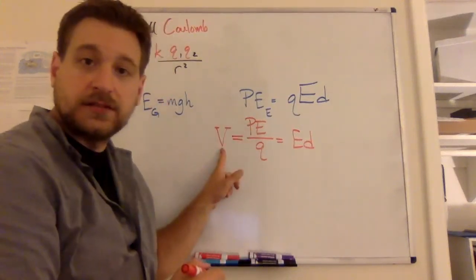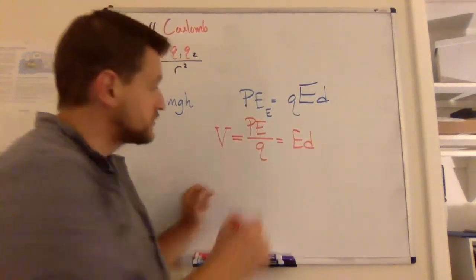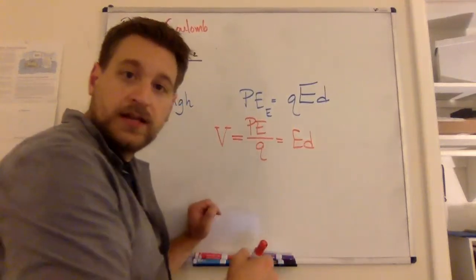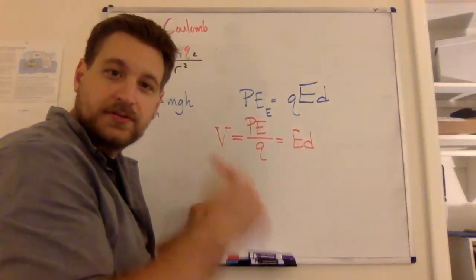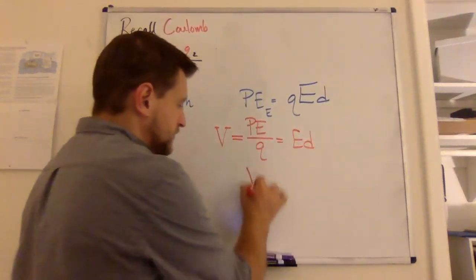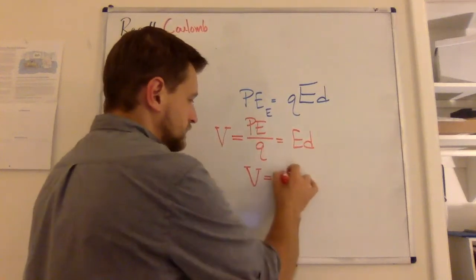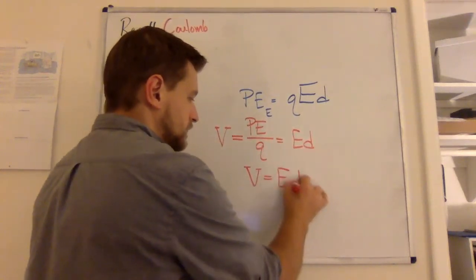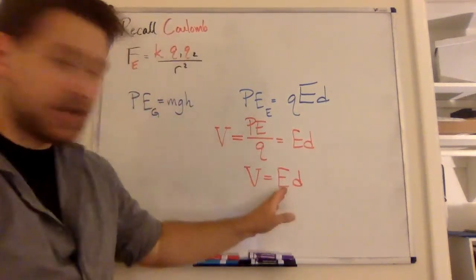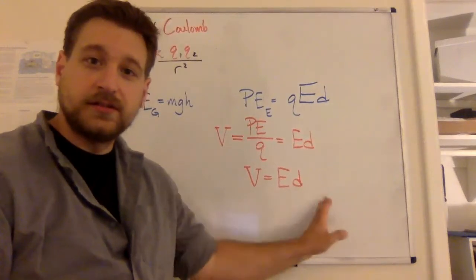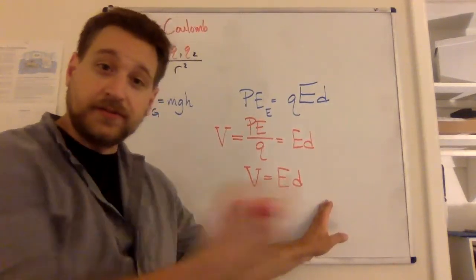Electric potential, V. So we just found another way to talk about electric potential, as the product of the electric field and the distance that we've traveled through it.